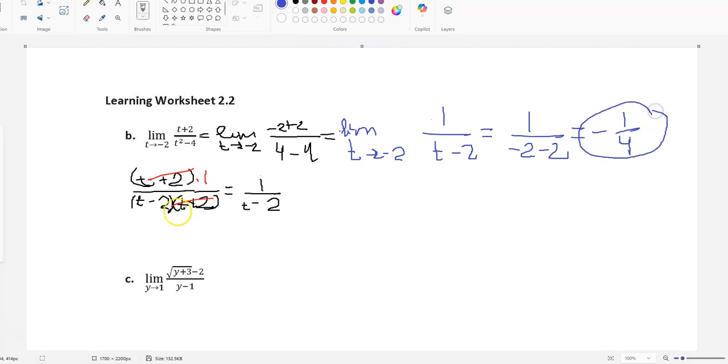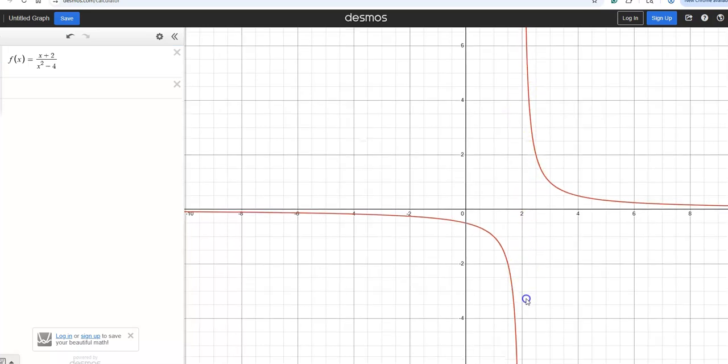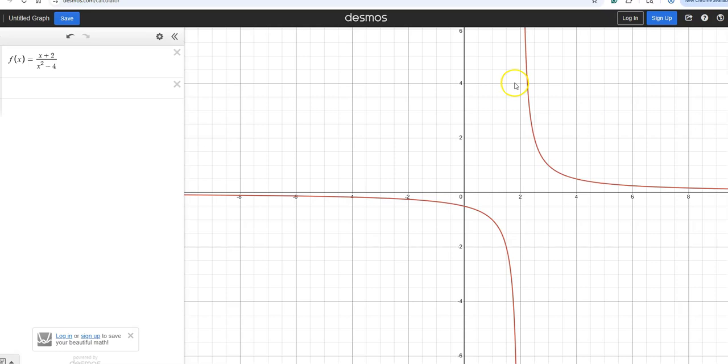So here's for you to see what's going on. I graphed the function f of x equals x plus 2 over the quantity x squared minus 1. And you can see clearly that the vertical line x equals 1 is a vertical asymptote. That's correct. But at x equals -2, the one where we already reduced the fraction, we're supposed to have a hole like this.